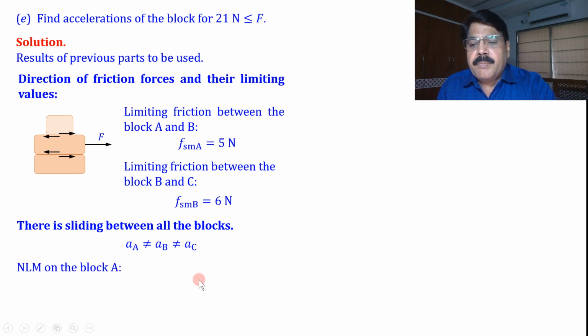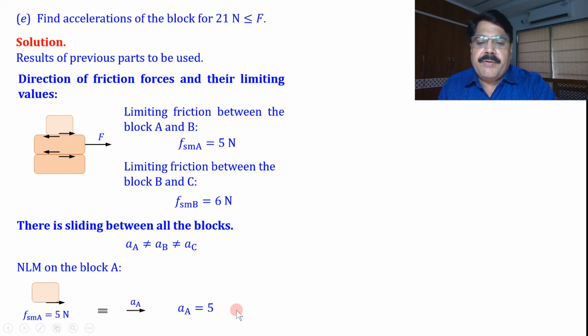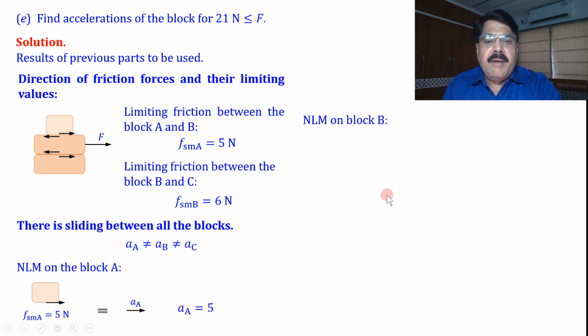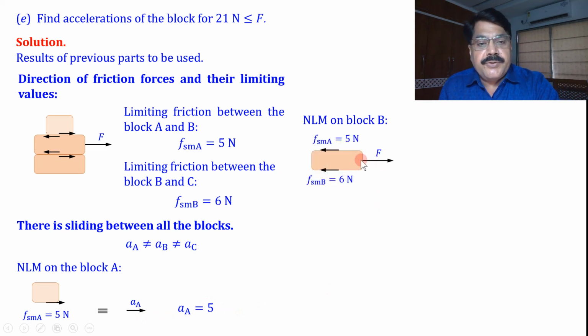NLM on block A: only the force of kinetic friction, and it is equal to the value of limiting friction. So I'm writing FSMA, 5, equal to mass into acceleration, a_A into 1. So a_A is equal to 5. Similarly, NLM on block B. On block B, the external horizontal force F, and the friction forces, FSMA 5 Newton backward and 6 Newton backward.